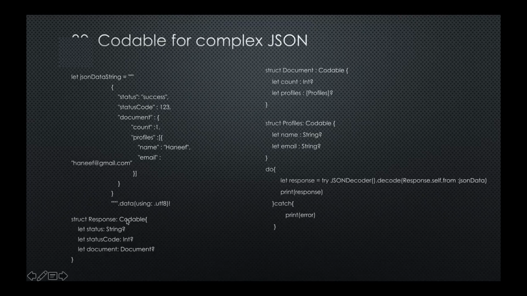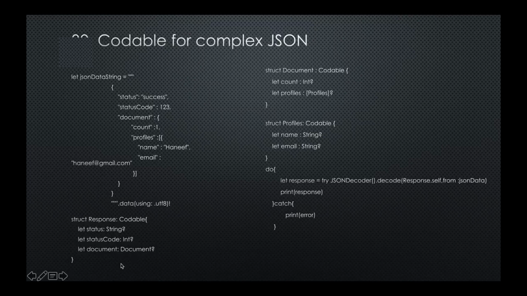To write this, you have to write struct Response Codable, and then status code, and document. So document is another part itself, right? So you would create another struct for that, for document, okay, and then that struct will be referenced over here.